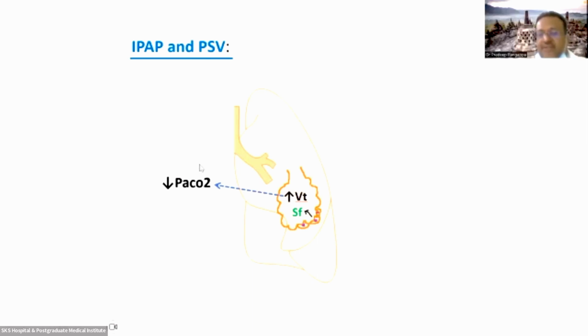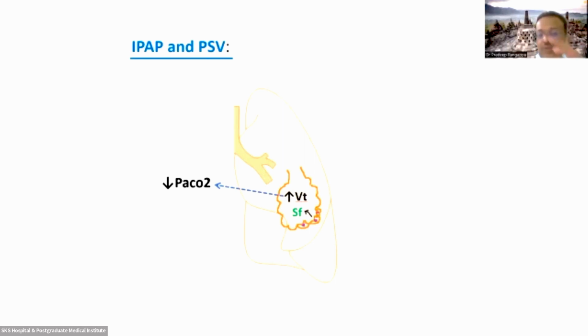All the listeners here would understand that in COPD, our whole effort is to remove carbon dioxide because there is difficulty in getting carbon dioxide out in COPD. That's why they have CO2 retention. By providing inspiratory positive airway pressure, there is an increase in alveolar tidal volume, which helps in reducing the CO2. That's why we add IPAP.